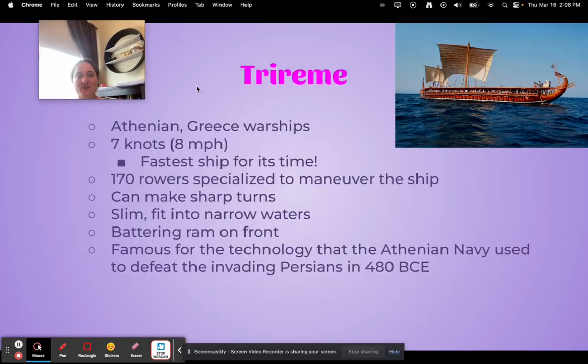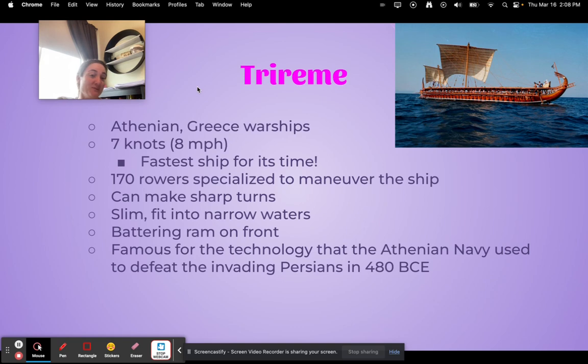So a trireme was an Athenian Greek warship. It was the fastest warship for its time at 7 knots, which is approximately 8 miles per hour. I know right now it's not that fast, but that was really fast back in Athenian Greece. There were 170 rowers specialized to maneuver the ships. These weren't everyday people; they were specially trained to row these.